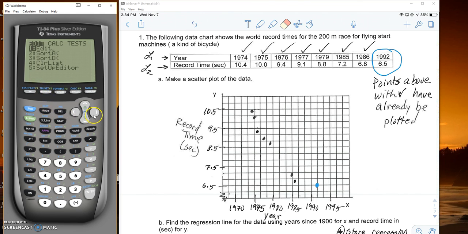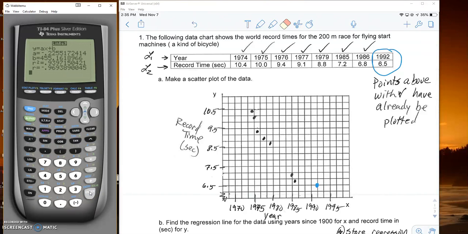From here, I'm going to go Stat Calc 4. Where it says Store Regression, I am going to put this into Y1. So I'm going to click Variables, Y Variables, Function Y1, so that it will store my equation into Y1.